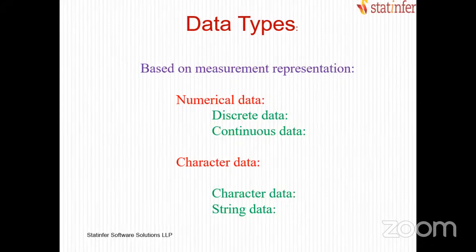You can count only. What is the time now? You can't say exactly the time now. That comes under the continuous data. The number of persons in a class comes under the discrete type of data. If you count exactly with numerical values, that comes under the discrete data.